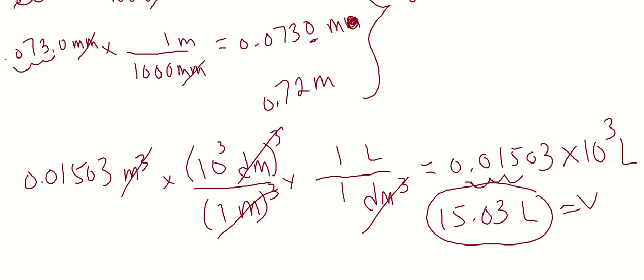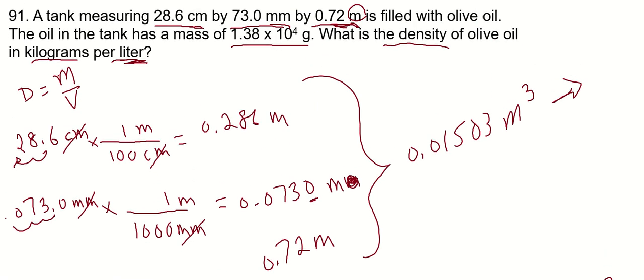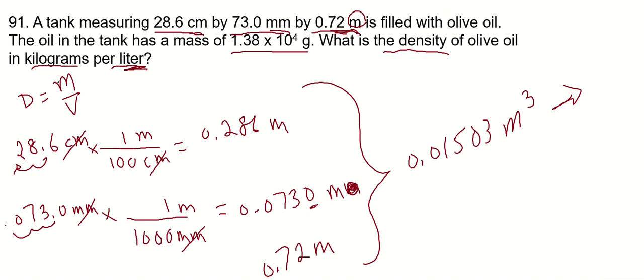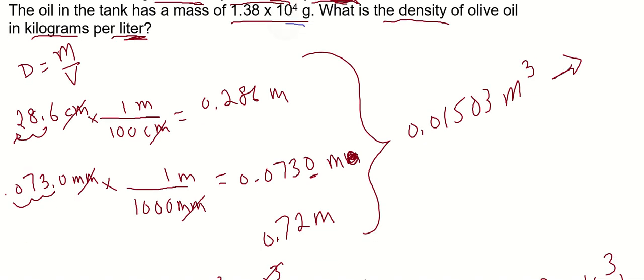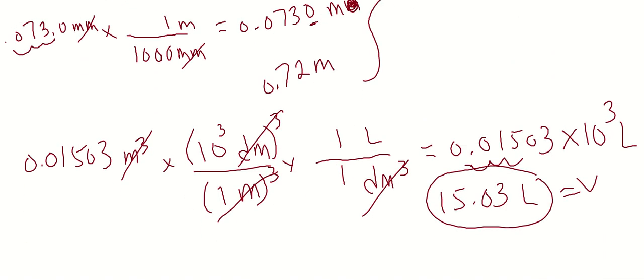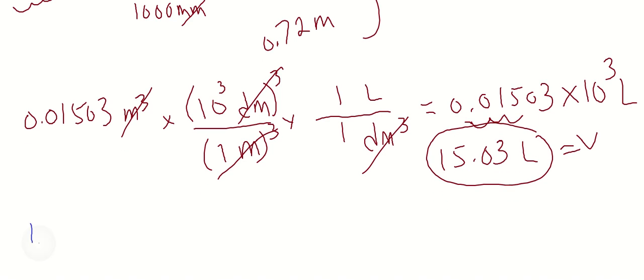Now, we did all that to get the volume. Now let's get the mass. Mass is going to be a little easier. I'm going to change the color up here because it's just grams to kilograms. There it is, 1.38 times 10 to the 4 grams. Turn that into kilograms.